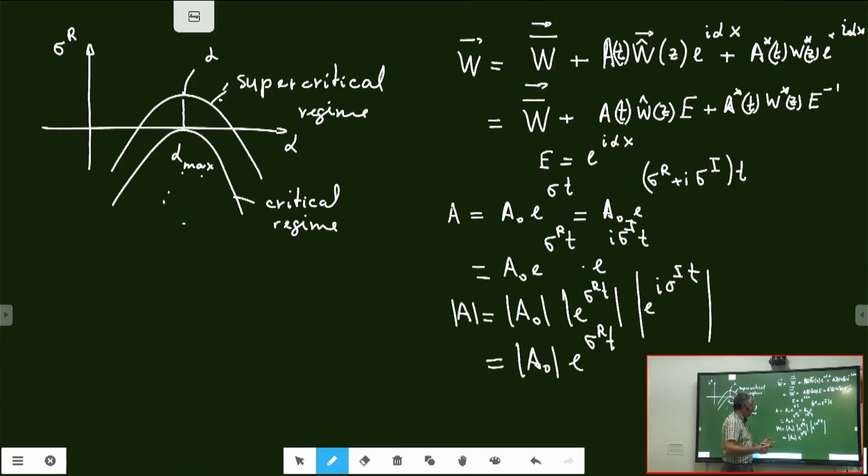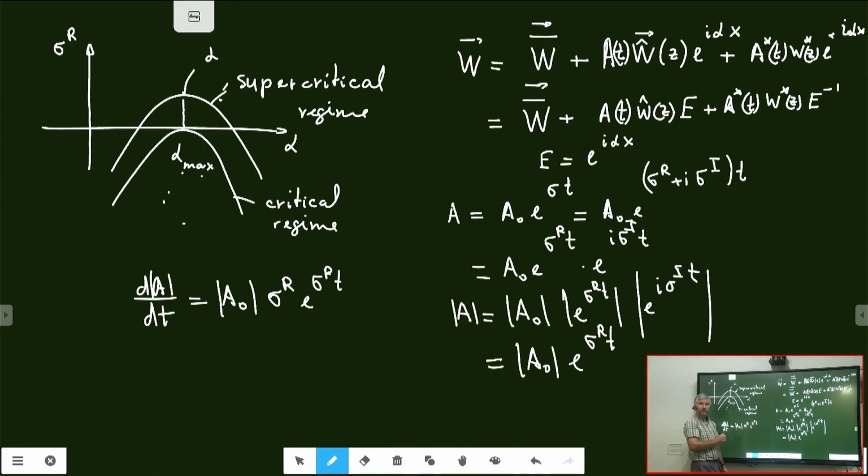Okay? So therefore if we differentiate this with respect to t, the final thing I will add here is d magnitude of A by dt is equal to magnitude of A0, sigma r multiplied by e to the power sigma r t. Agree?